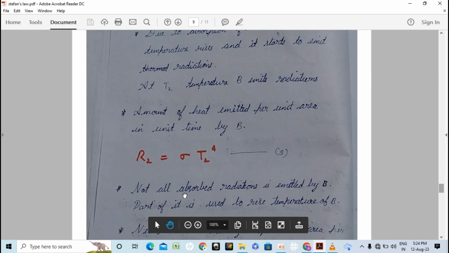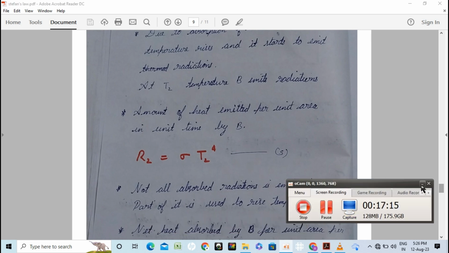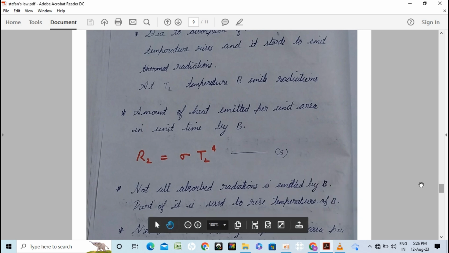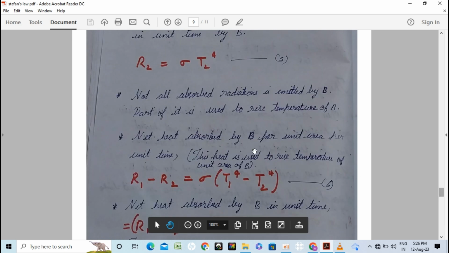Now remember that not all absorbed radiation is emitted by B. Part of it is used to raise the temperature of B. Net heat absorbed by B per unit area per unit time is R1 minus R2. So R1 minus R2 is equal to sigma into T1 raised to 4 minus T2 raised to 4.